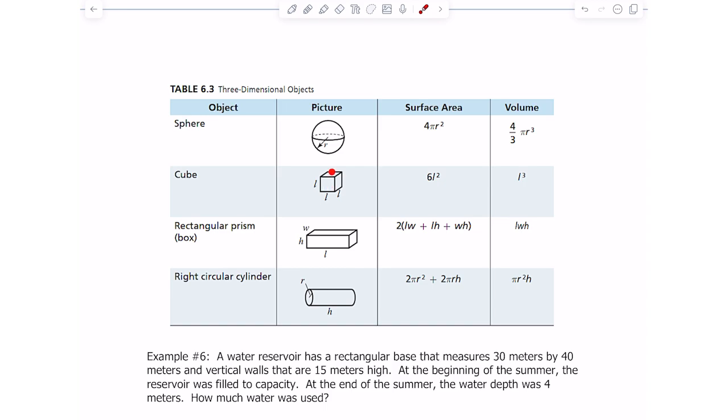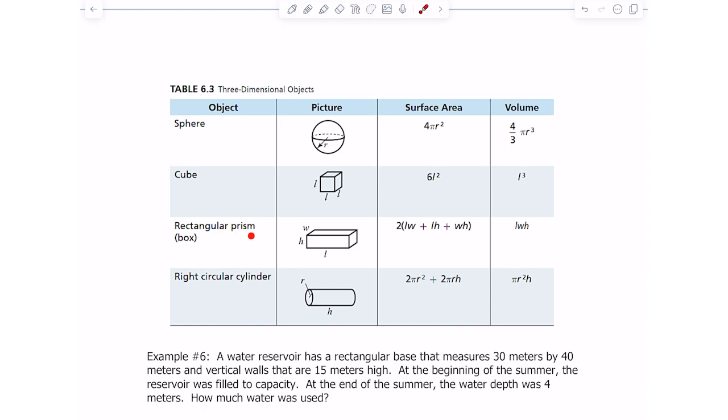A cube is made of 6 square faces. So we remember that squares have all equal lengths. So one way to find the surface area is just do length squared. So that's the area of one of the faces, and then just multiply it by 6 because there's 6 faces. For the volume, it's going to be length cubed because all the lengths are the same.